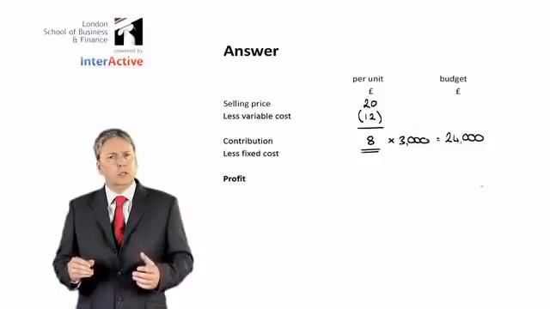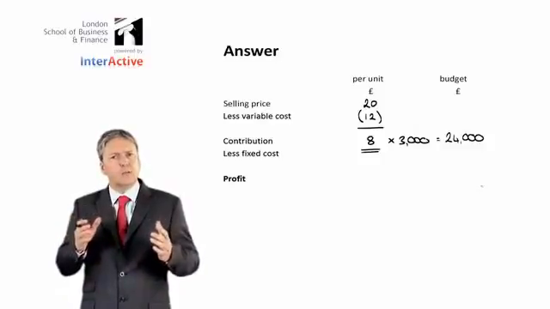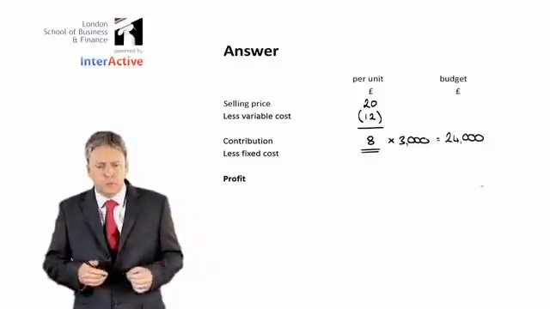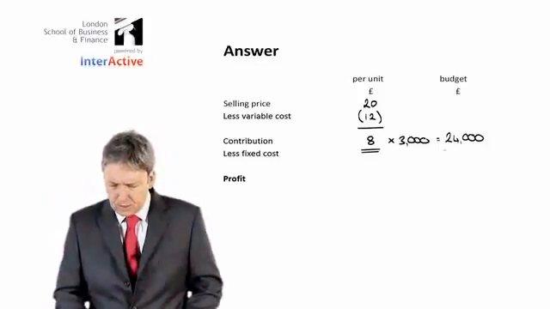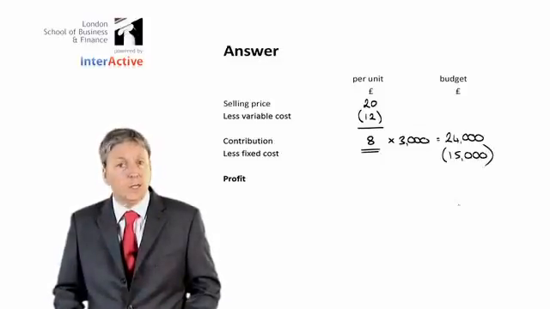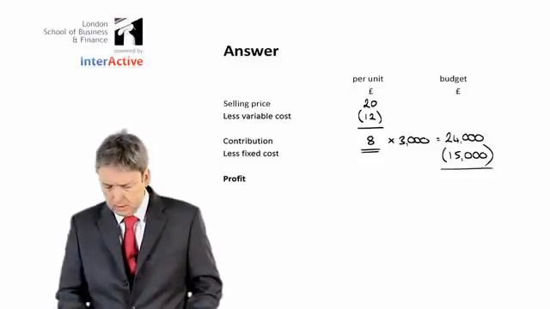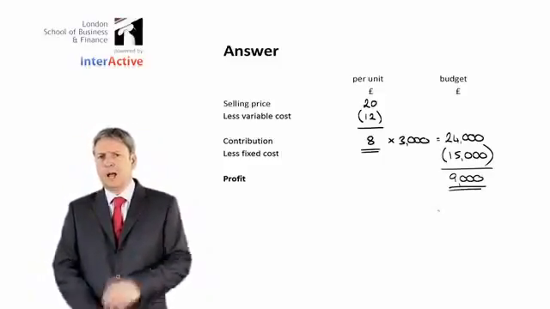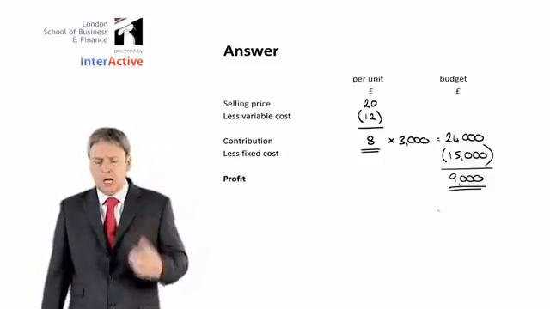And you could argue that that may have some relationship to a target or aim of how much contribution we need to generate. You see, fixed costs, we said, were 15,000. They are going to be in total terms. So we get a profit of what? What did we say? 9,000, something like that. So what I've tried to do is to illustrate maybe how we could lay things out here.